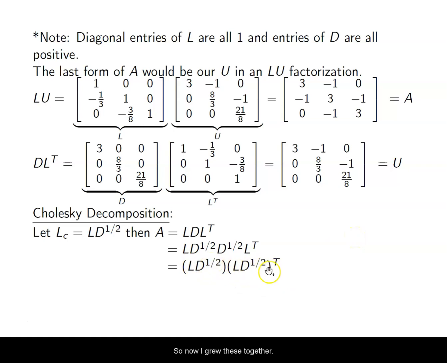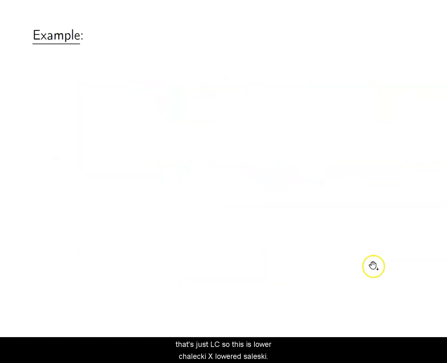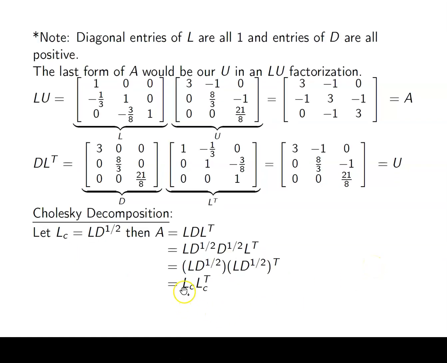Now if I group these together, I can reverse the order of this D to the 1/2 and L, and pull the transpose out by reversing the order. The reason I do this is because what is L D to the 1/2? That's just LC. So this is lower Cholesky times lower Cholesky transpose. So my A can be decomposed into these two terms.